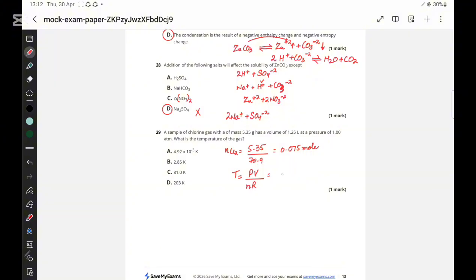P is pressure, which is 1 atm. Volume is 1.25 liter. Moles are 0.075 mole, and the value of R is 0.08206. The answer that comes out to be is 203 Kelvin.